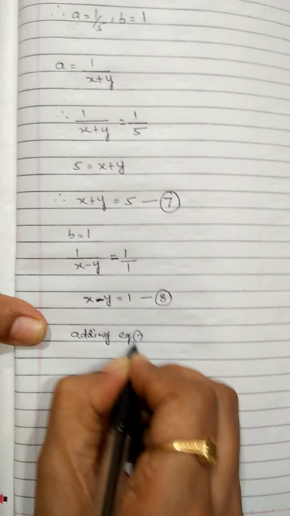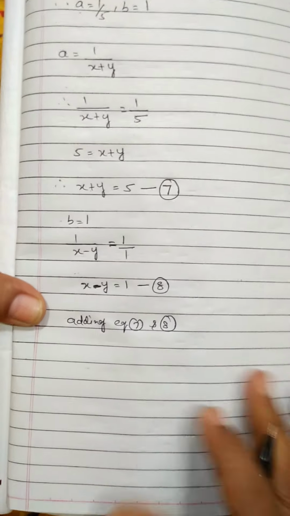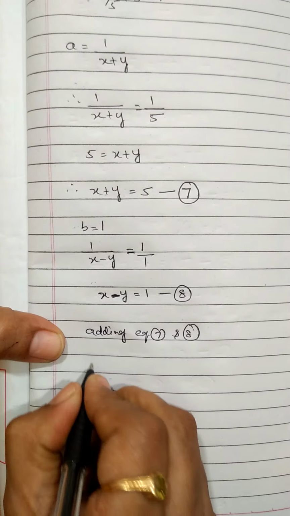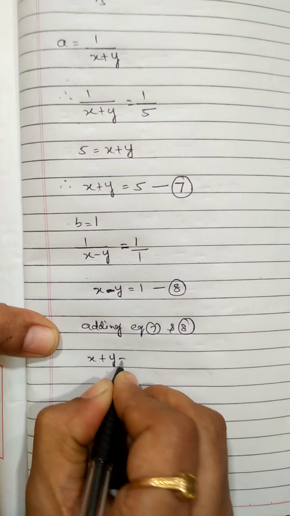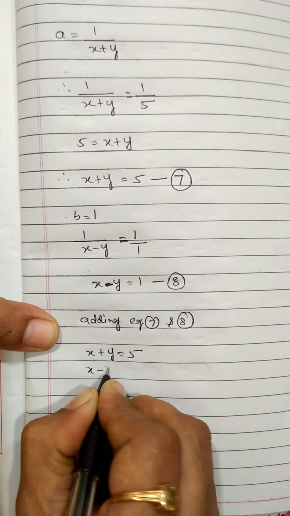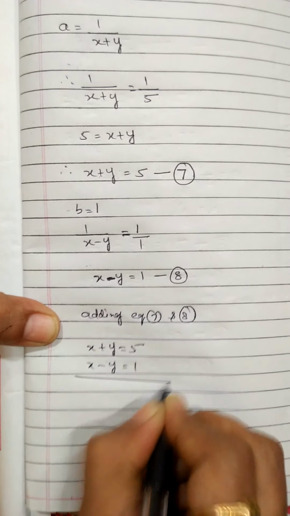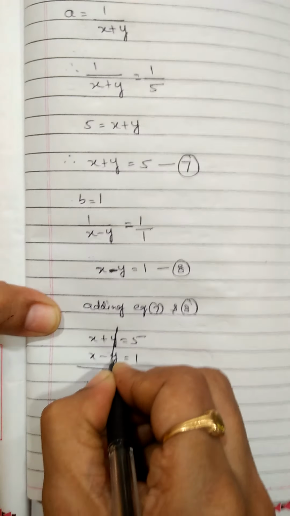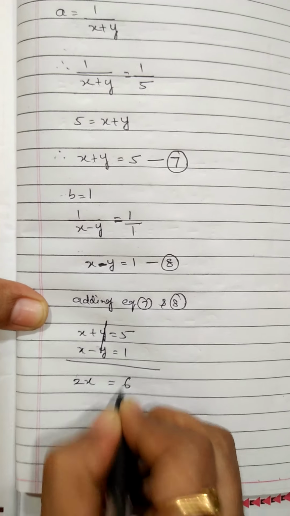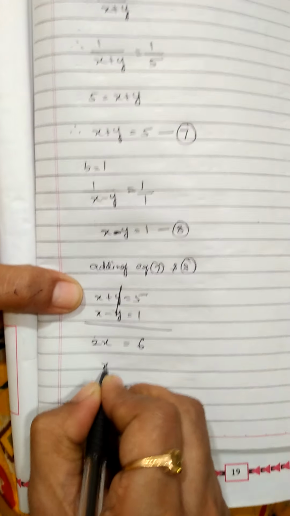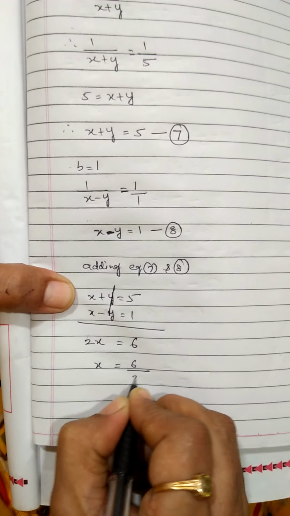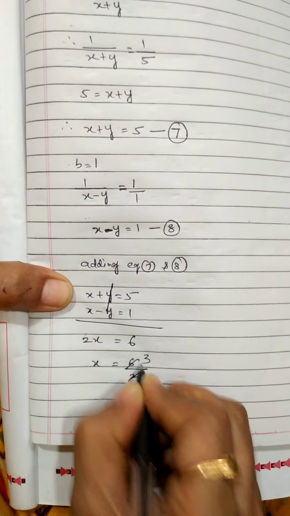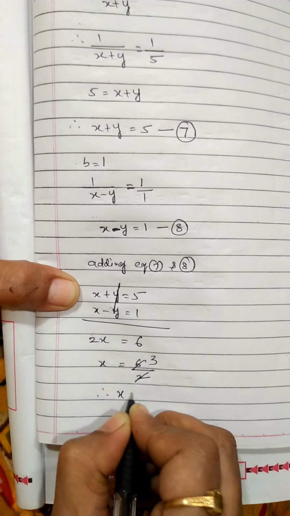Equation 7 is x plus y is equal to 5, and equation 8 is x minus y is equal to 1. Here y has a plus sign in one and a minus sign in the other, so by the elimination method we will add equations 7 and 8. X plus x is 2x, plus y minus y get cancelled, and 5 plus 1 is 6. So 2x is equal to 6, x is equal to 6 upon 2, that is 3. Therefore x is equal to 3.